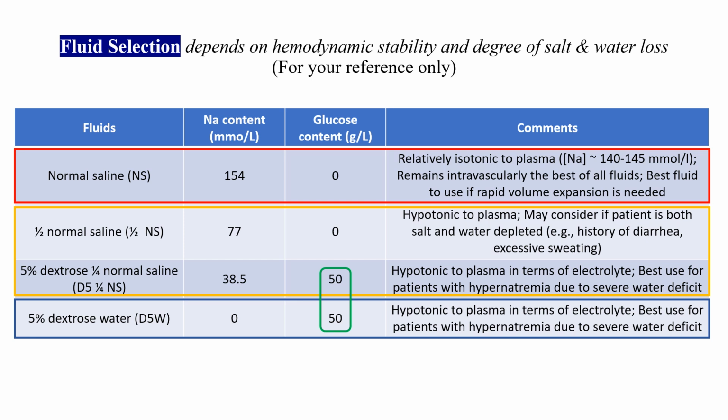Infusing D5 water is equivalent to infusing free water. The 5% dextrose is added to make the infused water or quarter normal saline relatively isotonic to plasma. Infusing free water or quarter normal saline alone causes severe red blood cell swelling and hemolysis and should never be used.